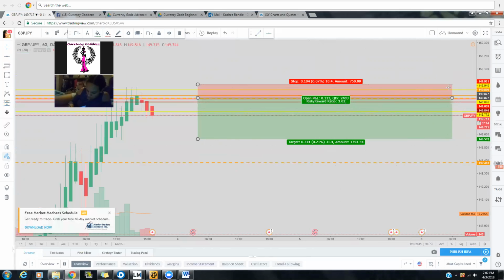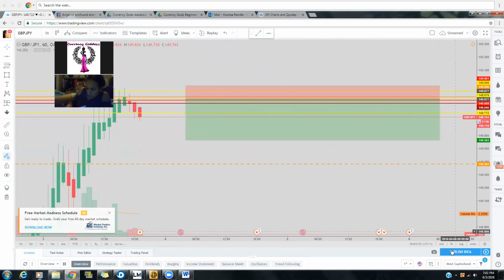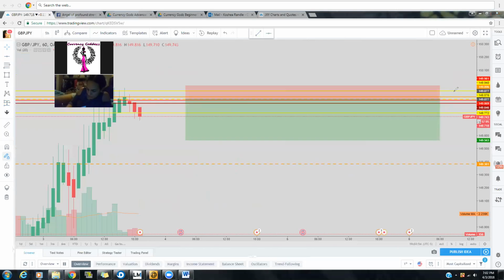So the stop loss is going to be right here. It's going to be right here. Those numbers there, and your take profit is right here. So the top and the bottom, basically, in the red and green?